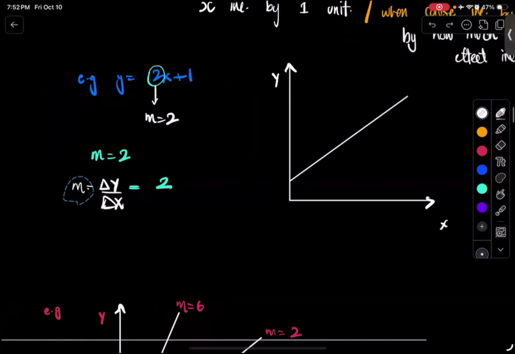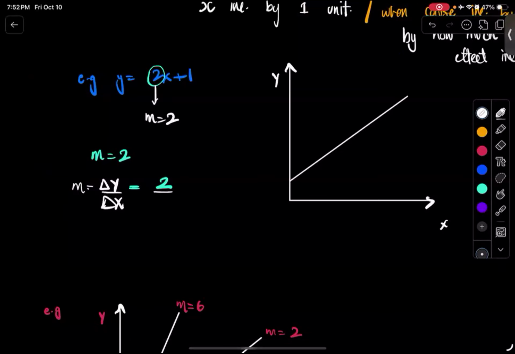So can I say that this 2 is already being divided by 1? Isn't that the same thing? Right? Now, do you see that in front of delta y, you have this 2? And what do you have in front of delta x? 1. Exactly.